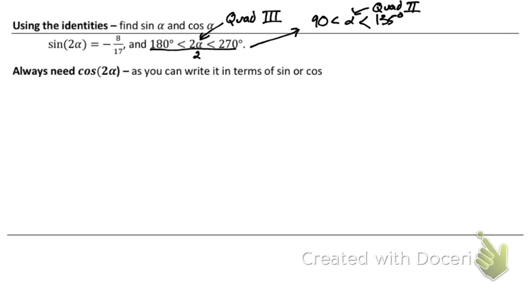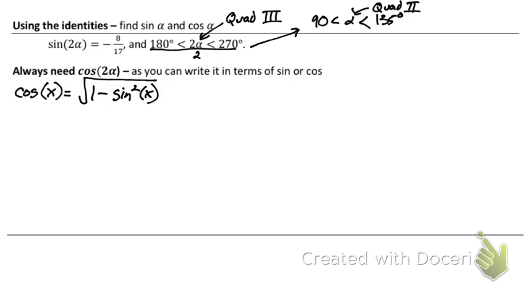In order to get cosine 2 alpha, we are just going to simply use the fact that cosine of x equals the square root of 1 minus sine squared x. That comes from sine squared plus cosine squared equals 1. It's just readjusted.